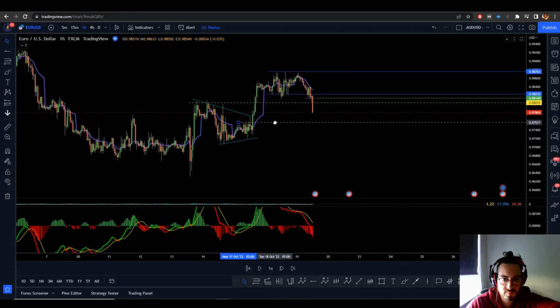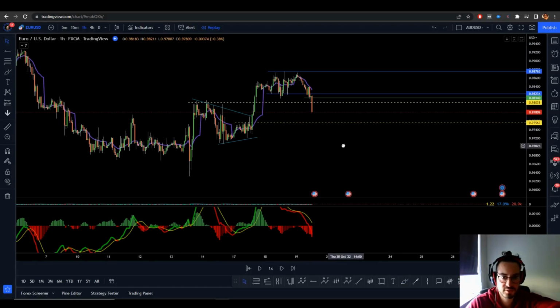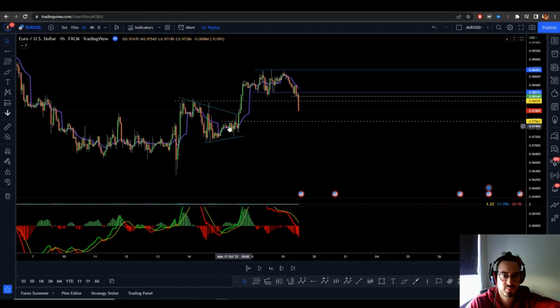Maybe right there. So this is a significant level as well. I think this here is a good area to have a target. And it's completely objective. I just put it in here because there's resistance.